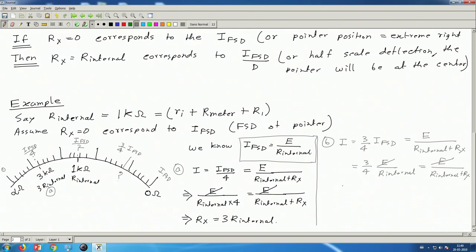Let us cancel E from both sides. So let us cross multiply 3 with this.